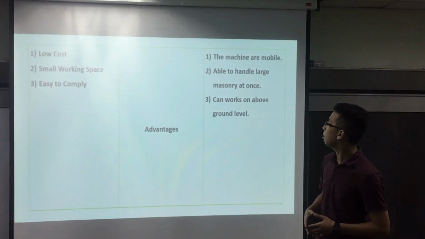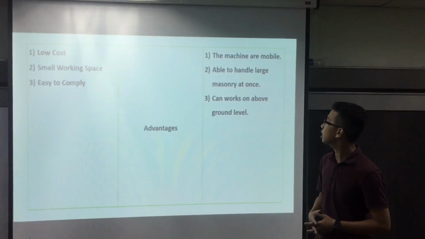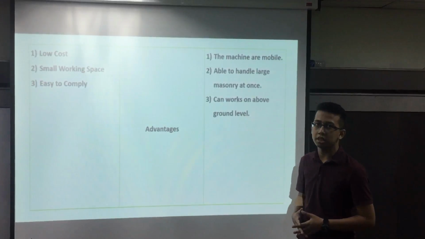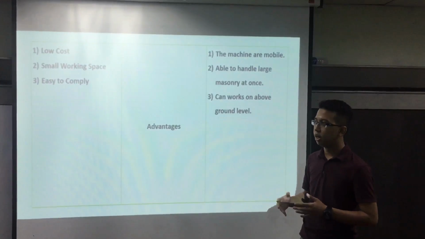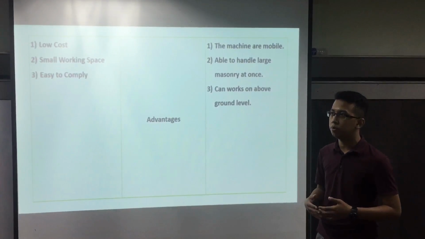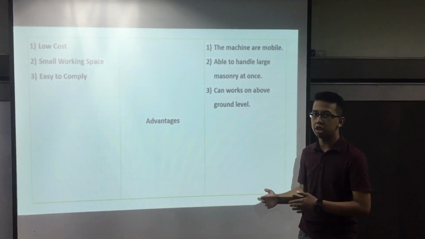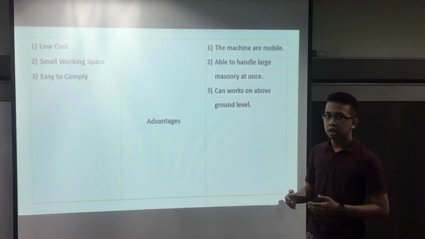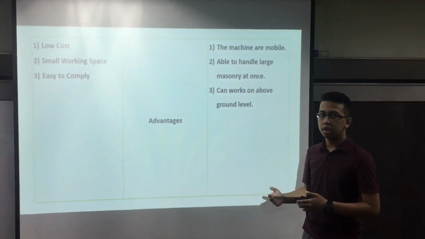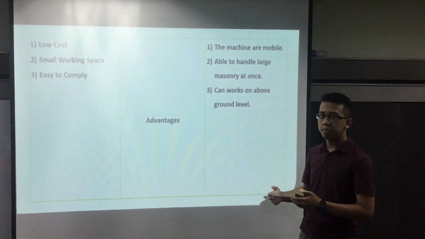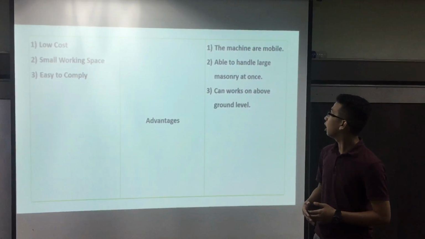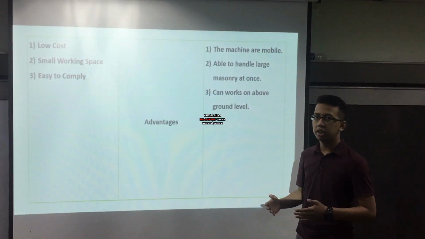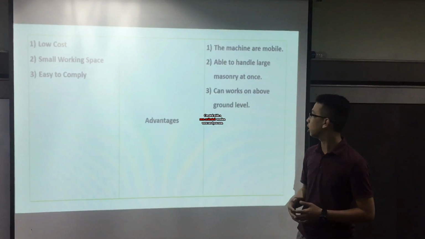Next, it is able to handle large machinery at once. Since the Ajinomoto factory had a few buildings to be demolished, push-arm was a better choice compared to other methods because it can demolish much quicker.